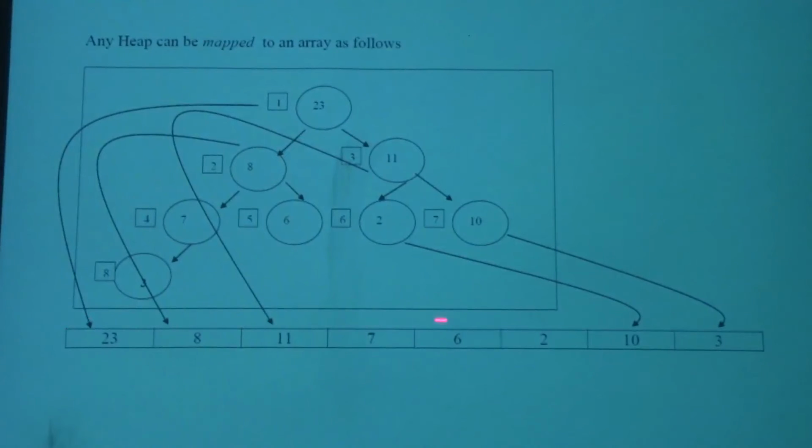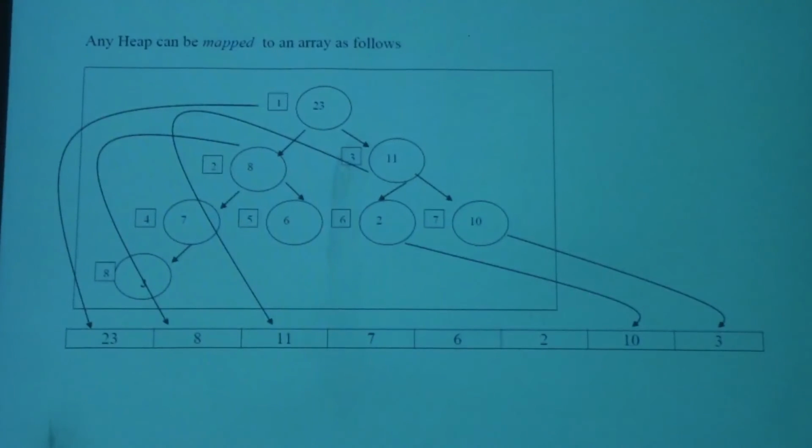How many nodes are here starting from 1? 8. Okay, so if we had a 9th node, it would go right here. But if we skipped this one and made the 9th node here, then from the array perspective it would be expected to occur at the 10th index, but the 9th index was invalid, empty.